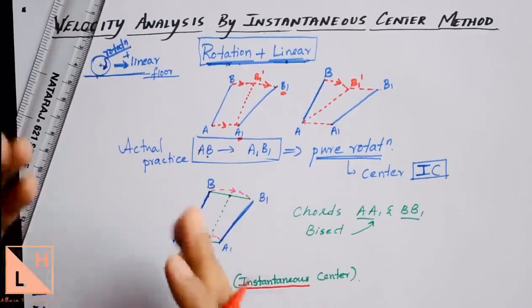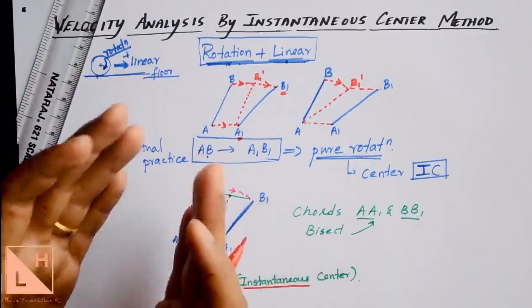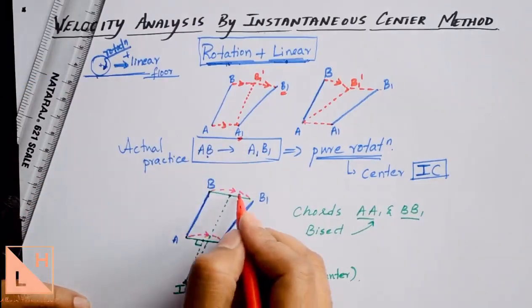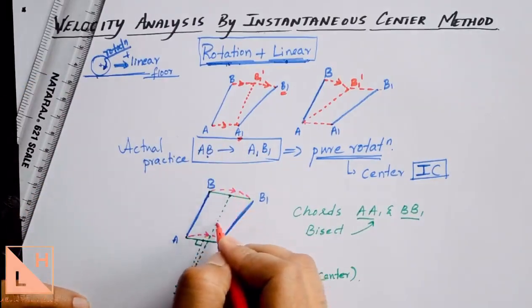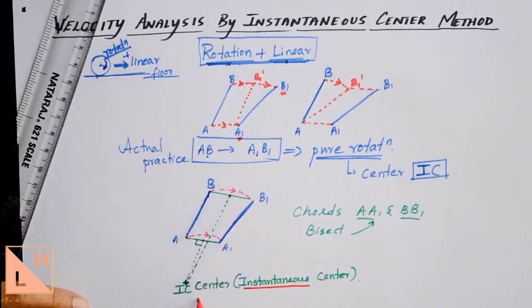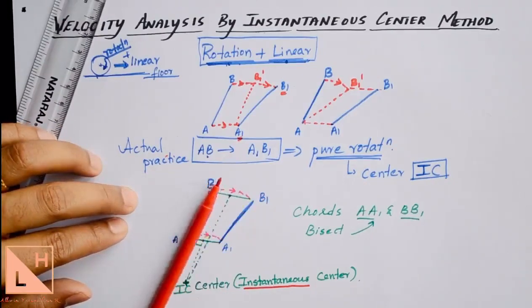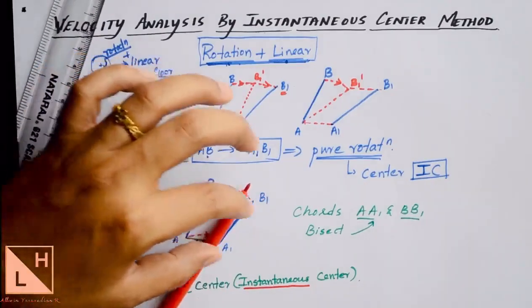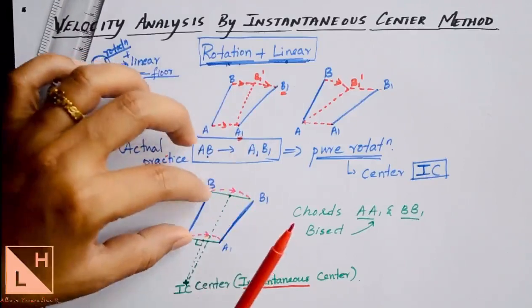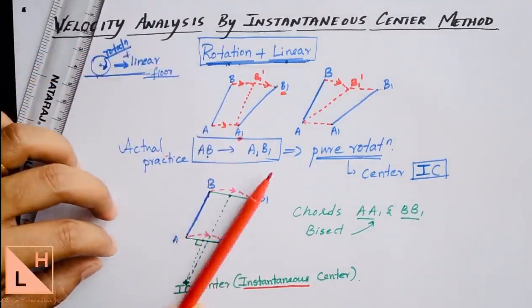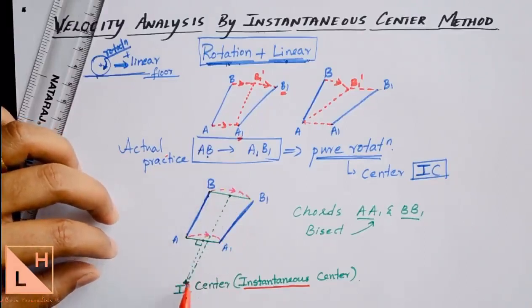Now, this is one type of motion for the link. For another type of motion, if A1 B1 appears somewhere in between, you will get another IC here. By the time it moves from AB to A1 B1, the link traces an infinite number of positions, and for every position in between you are going to get different ICs.